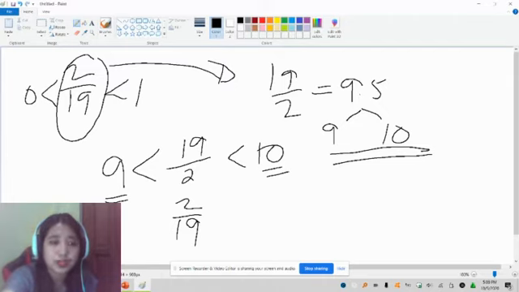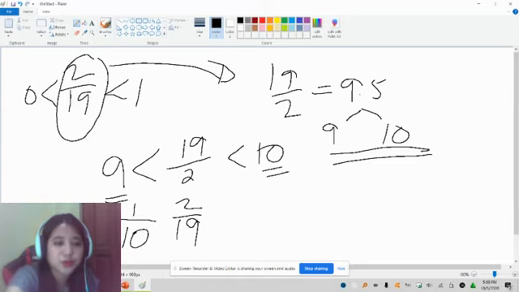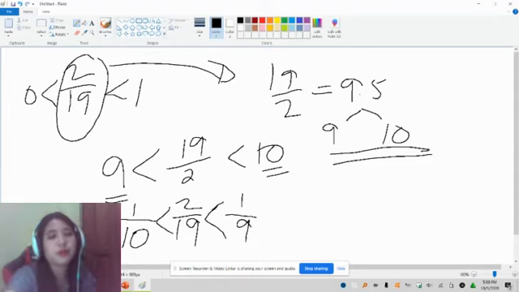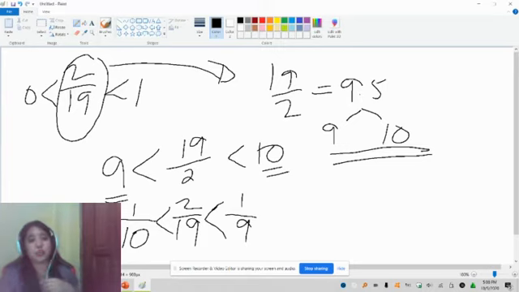We have to change the location, because 1 over 10 is lower than 1 over 9, so we interchange them. So 2 over 19 is greater than 1 over 10 but lesser than 1 over 9.